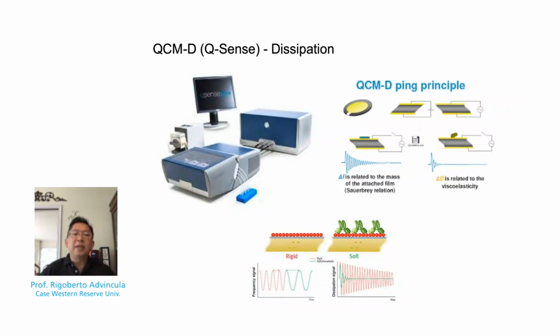So this one is from Biolin Scientific that has been utilized in a number of labs and actually developed partly in Stanford and also with Kanazawa. Has been around for a while. So QCMD dissipation instruments are available as well.